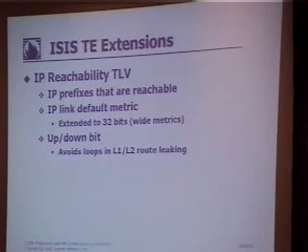Now we added this up-down bit so we can track when routes have been leaked from the backbone down into an area, so that when they come back around, we don't leak them back into the backbone and have this sort of routing loop of information. So prior to this bit, you couldn't do this in ISIS. Again, this doesn't have necessarily anything to do with traffic engineering, but it's an extension that was made to ISIS at the same time.